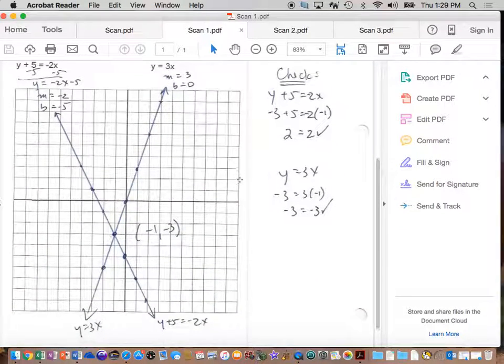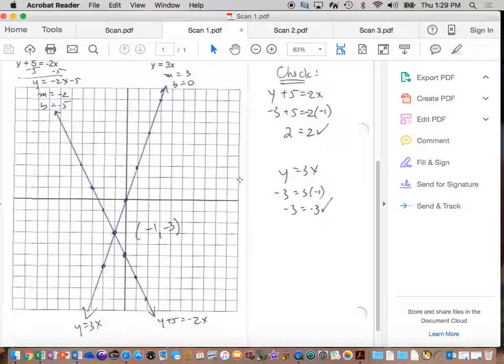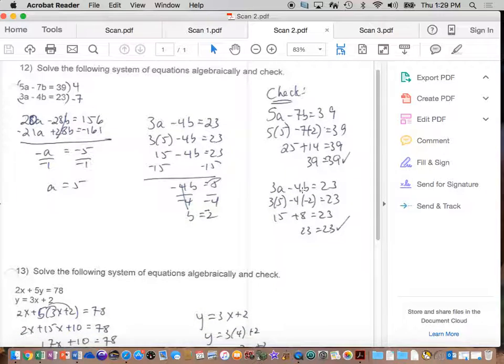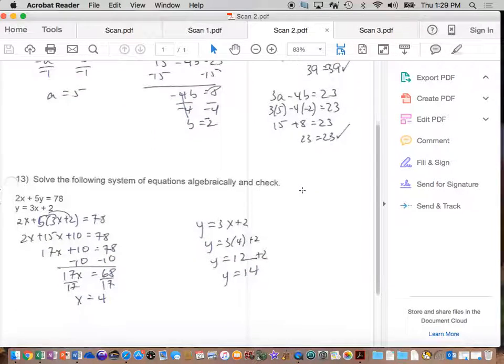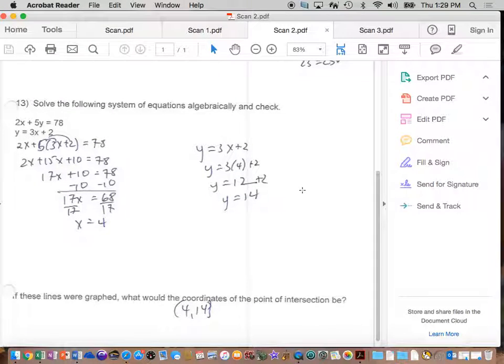Okay, here is the answer to yesterday's graph. Again, we did the question yesterday, so I'm not going to really talk about it right now. But for those who need to look at this, you will have the video to look at tonight. Okay? Here's number 12 that we did yesterday. Okay, number 13.